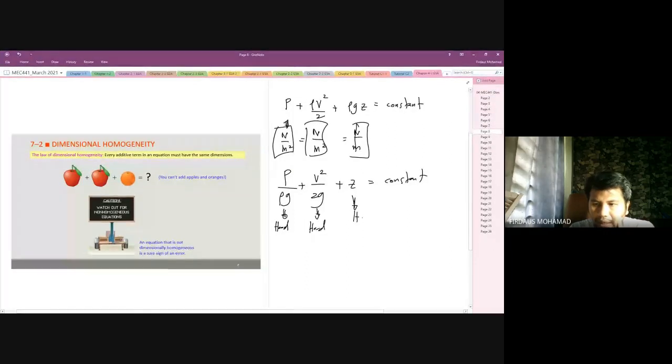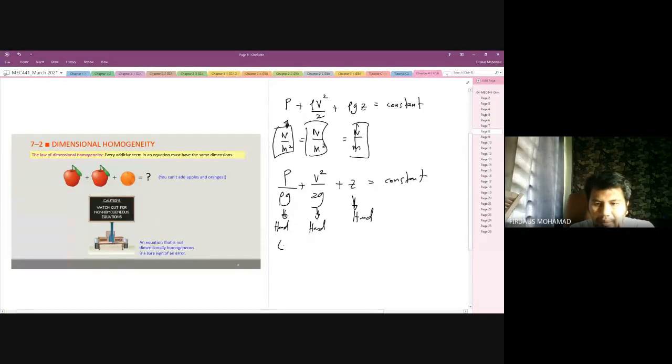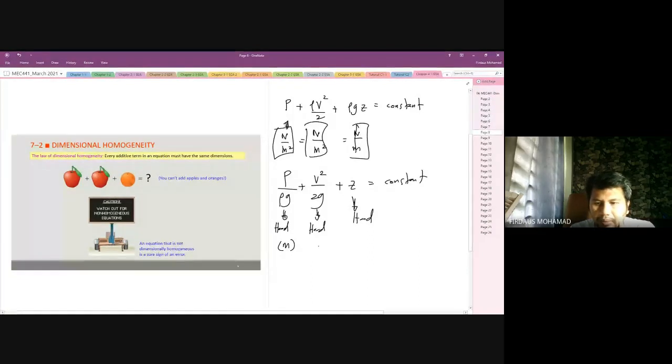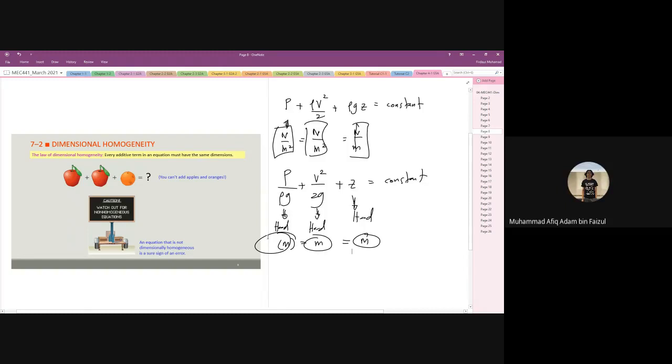Kalau head unit dia apa? Semua meter. So maknanya homogeneous lah. Semua length. Okay, faham dimensional homogeneity? Boleh.